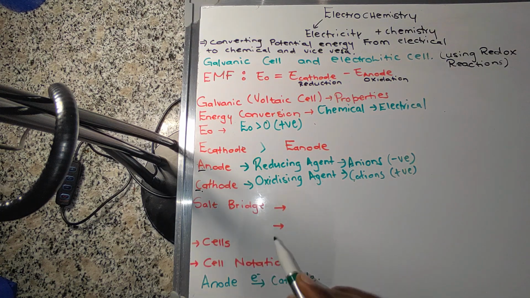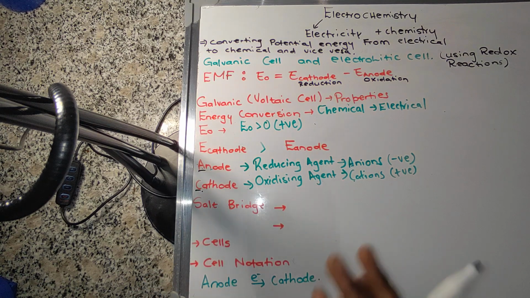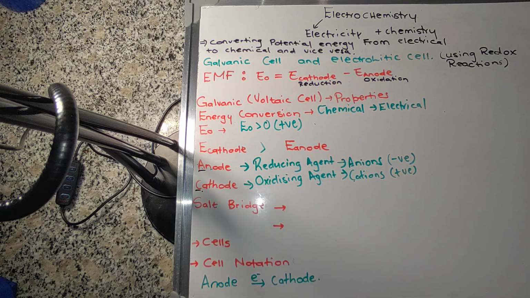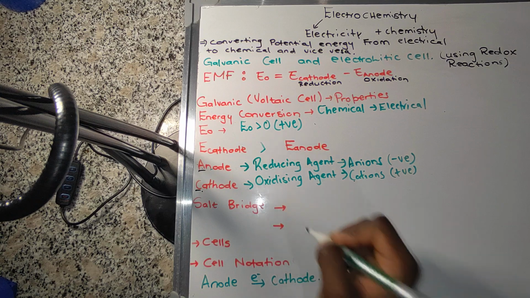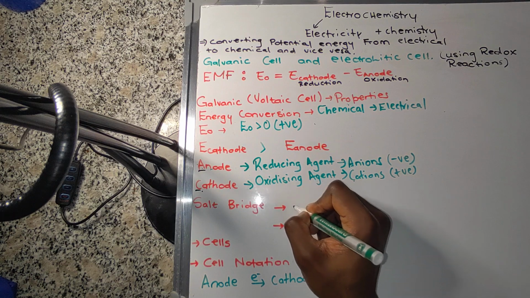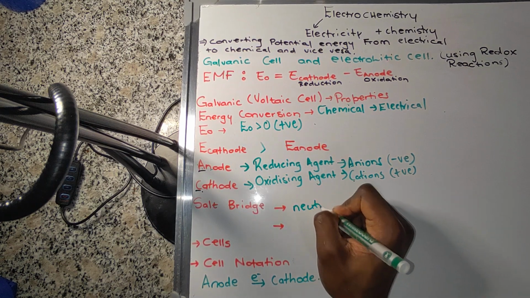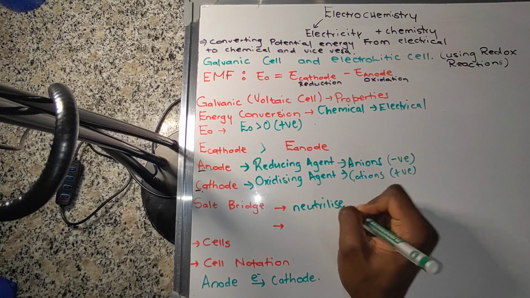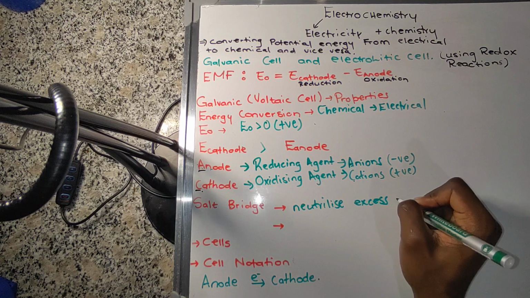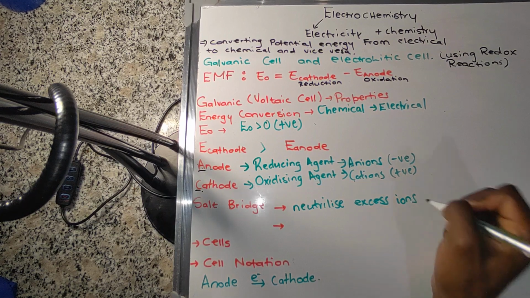So one of the major properties of a galvanic cell will make us quickly identify a galvanic cell if it is present: a salt bridge. So what is a salt bridge and what does it do? The main specific use of the salt bridge under the galvanic cell is that it neutralizes the excess ions in the electrolyte.